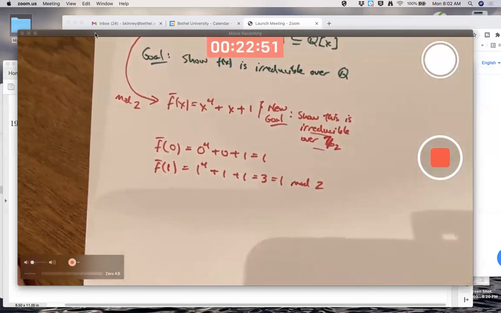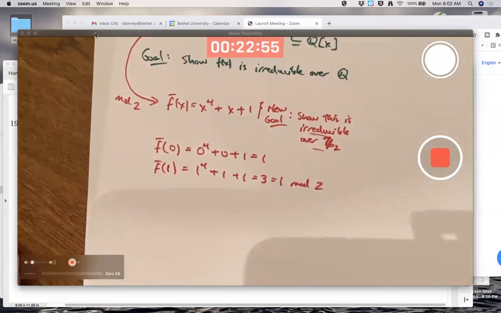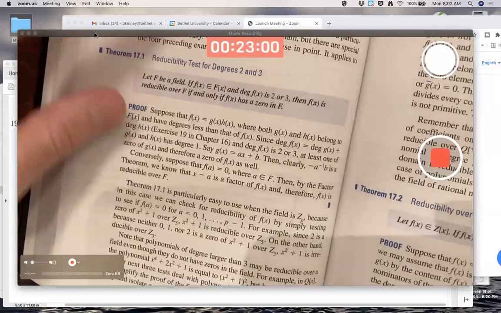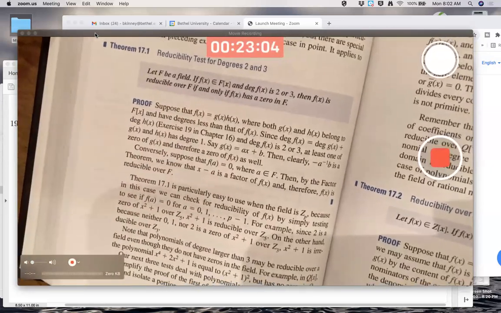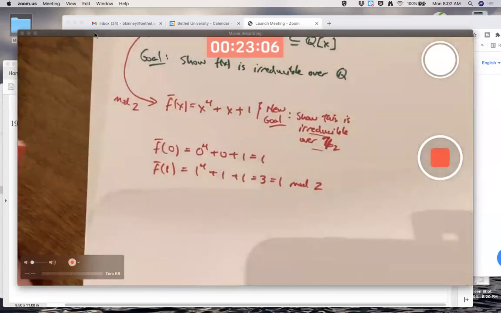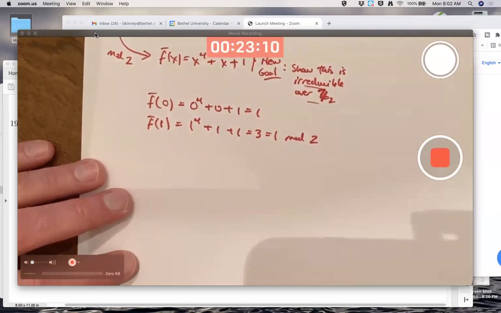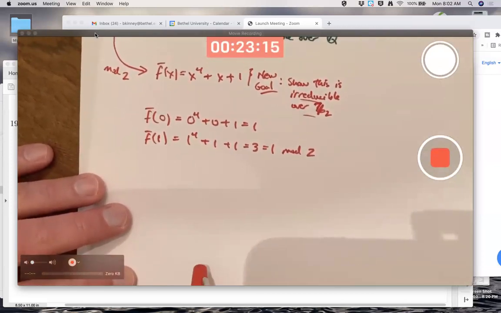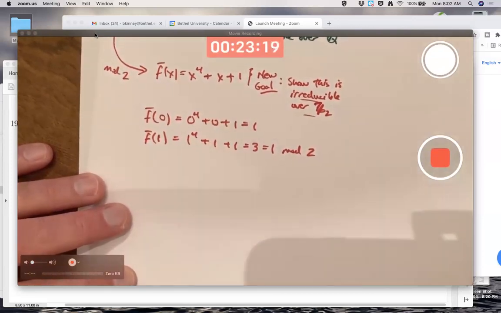So what does that mean? It doesn't mean it's irreducible yet because it's got degree 4. If it had degree 3, for example, the fact that it didn't have a 0 would mean it's irreducible, and we would be done. But at least this still gives us the chance that it's irreducible. And it also implies that x to the 4th plus x plus 1 would have no linear factors.